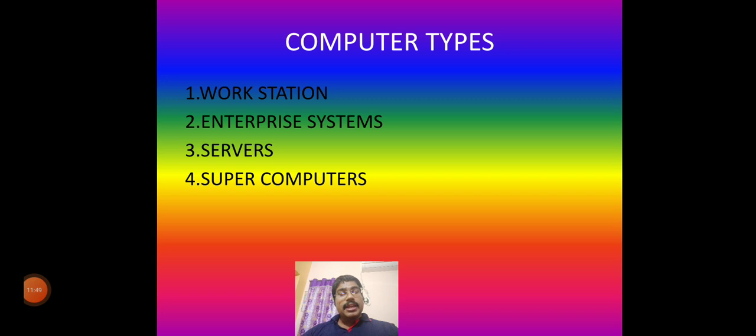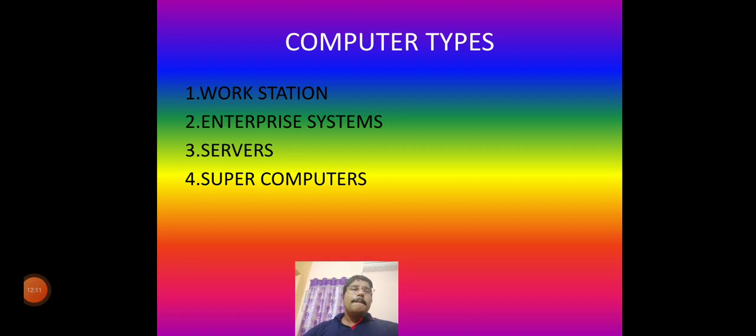Its memory capability and all the features should be very high. Its computational speed should be very high. Its features are also very specific, and its cost is also very high, so only the persons who require it will afford this particular supercomputer.